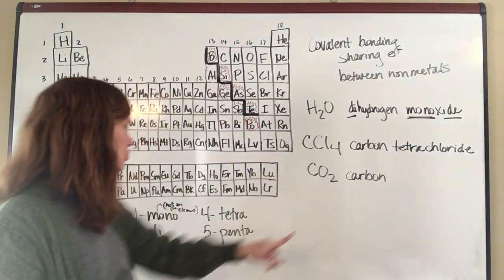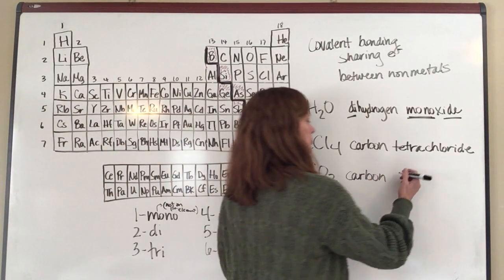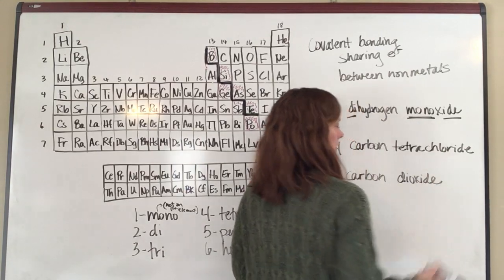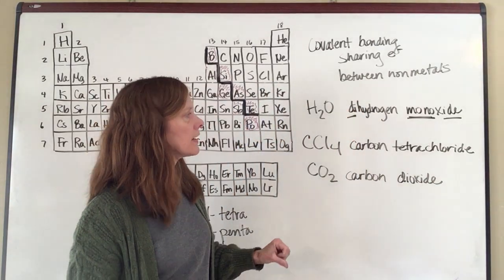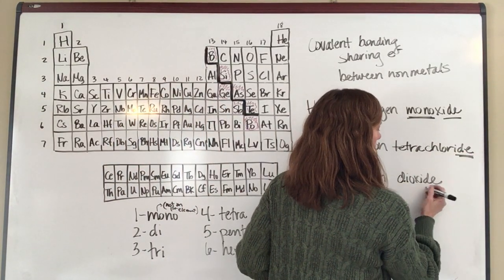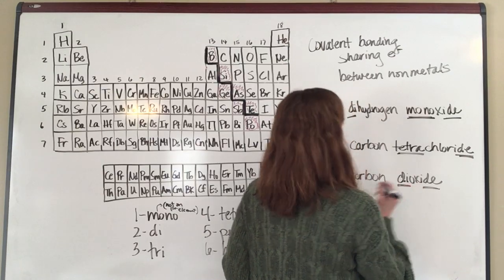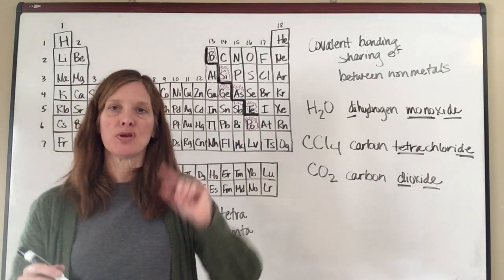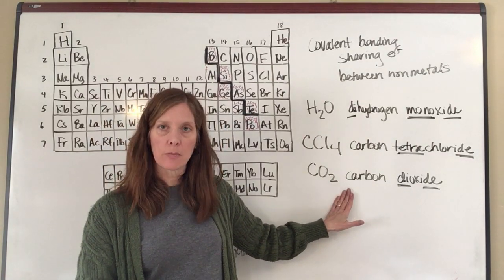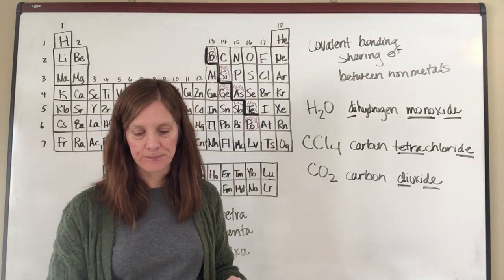I have 2, so the prefix for 2 is di, so it's going to be carbon dioxide. Okay, so again, just like before, everything has to end in IDE, and you have to make sure that you get your prefixes on there. The only time you do not use a prefix is on the first element if it is mono. That's the only time that you would not.